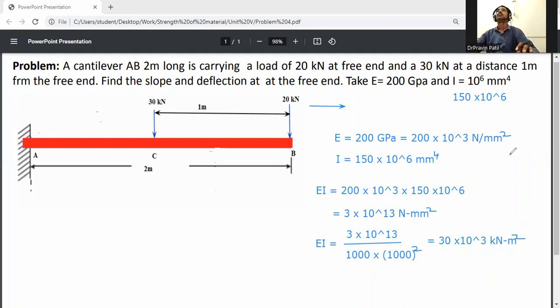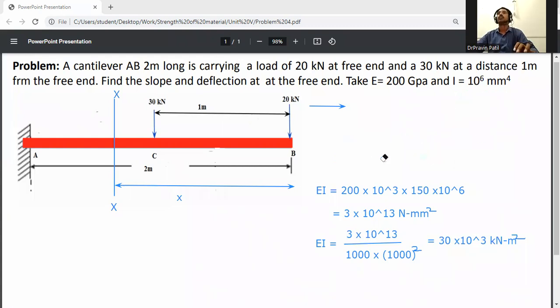Okay, so now second step. Consider section XX at a distance x from the free end. Write it down now.